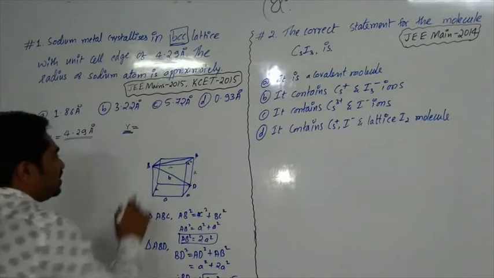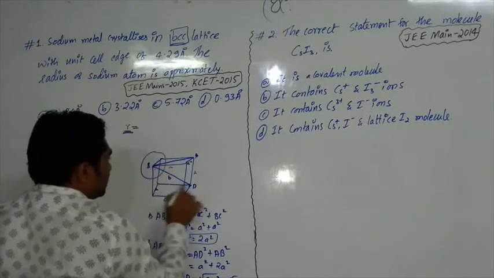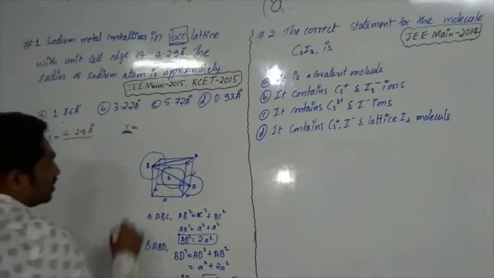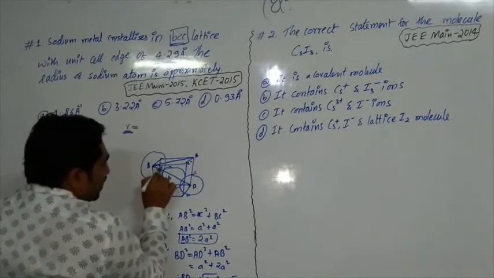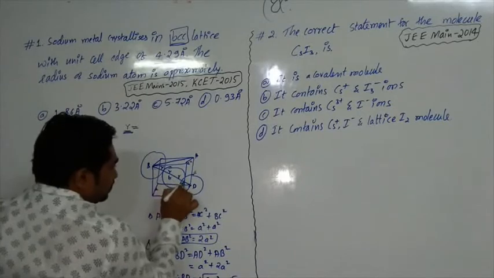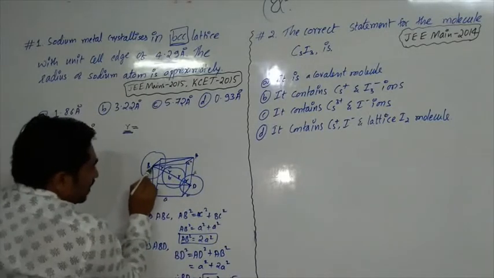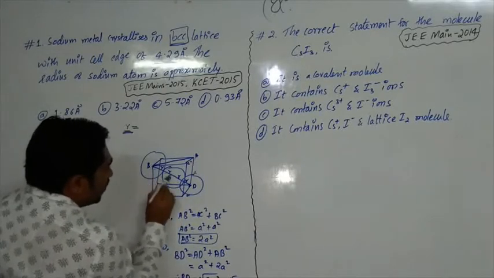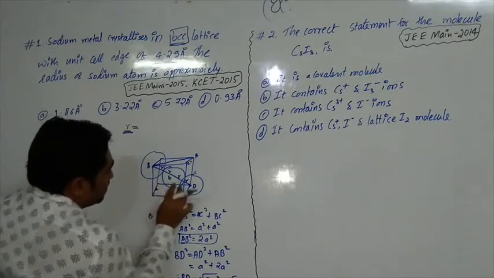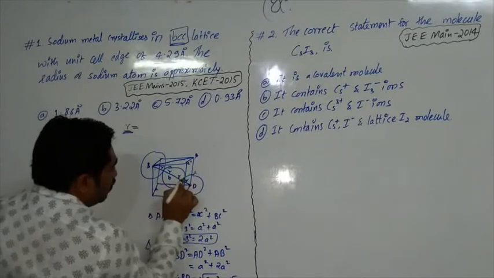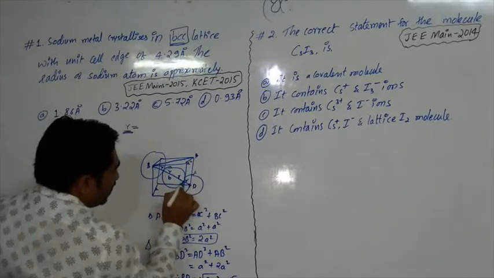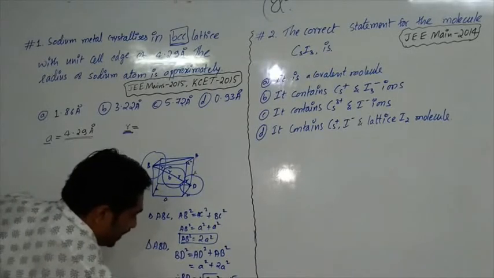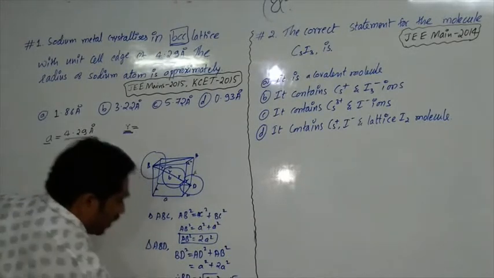And also we know that in BCC, particles are present at the corners and one particle is present at the body center. The radius of the particle is taken as R. In terms of the radius of the particle, these particles are touching each other along the body diagonal, so the length of BD is equal to 4R.